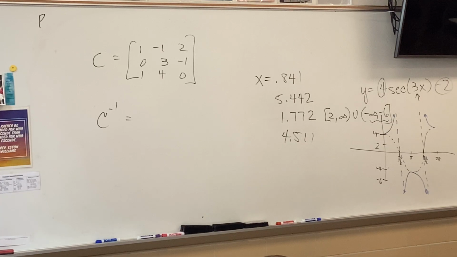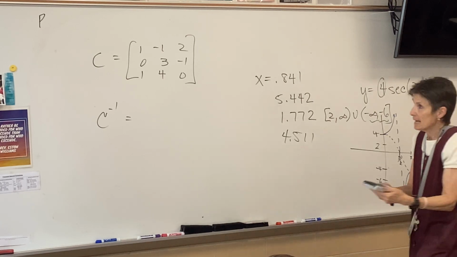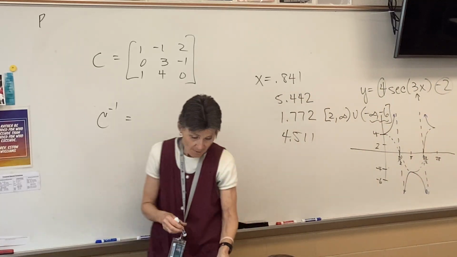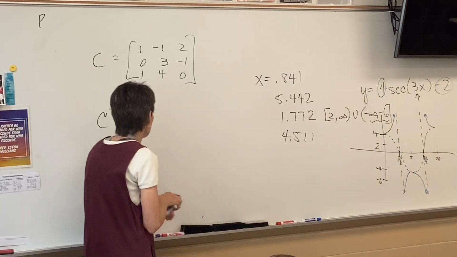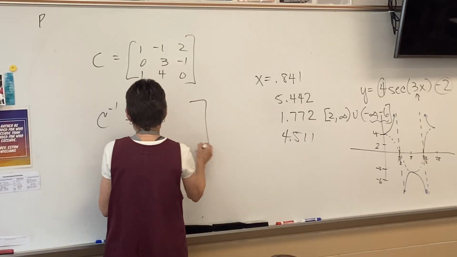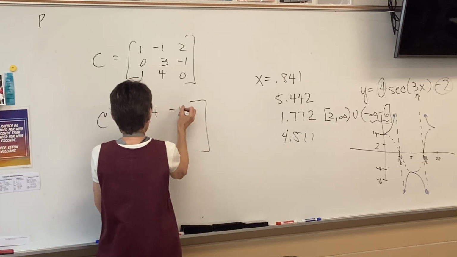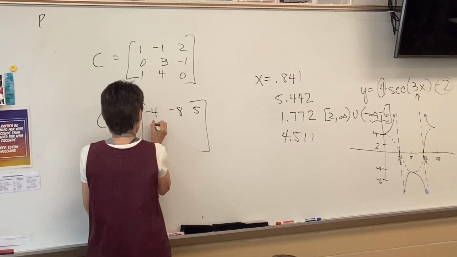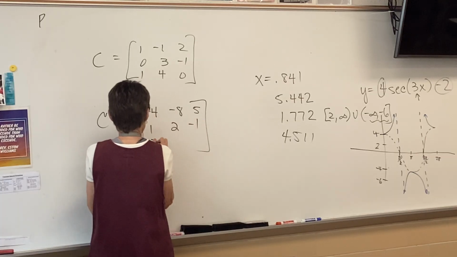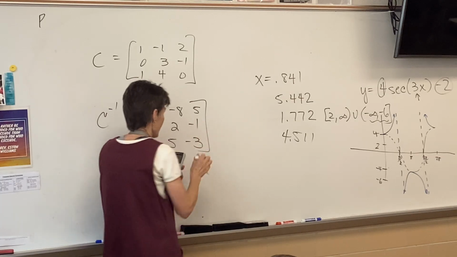Now, press your inverse button, which is actually the matrix button. Press the inverse button and press enter. And it tells you that the inverse of that matrix is -4, -8, 5, 1, 2, -1, 3, 5, 8.